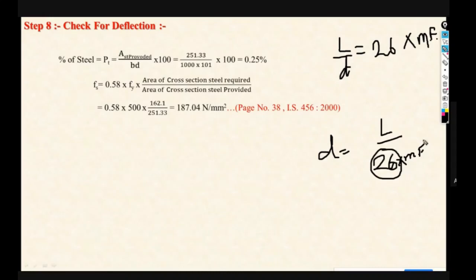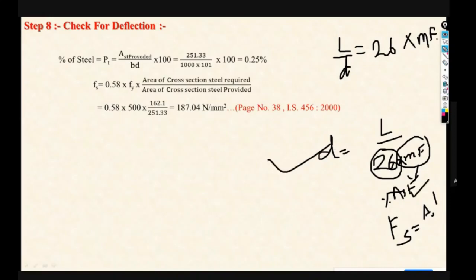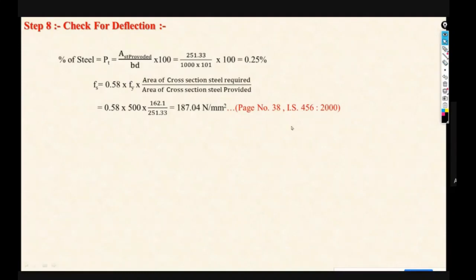Okay. So now for the calculation of modification factor, that modification factor depends on the percentage of steel and the FS value. So for the FS value, we have the AST required and AST provided. So just calculate that FS, then percentage of steel, then effective depth for the deflection.